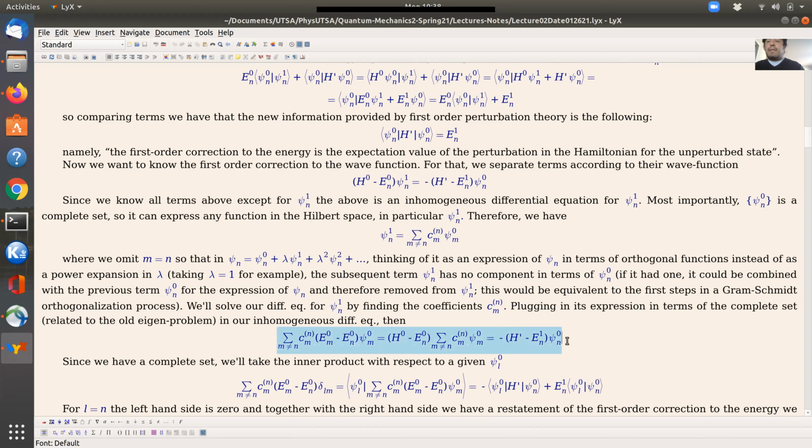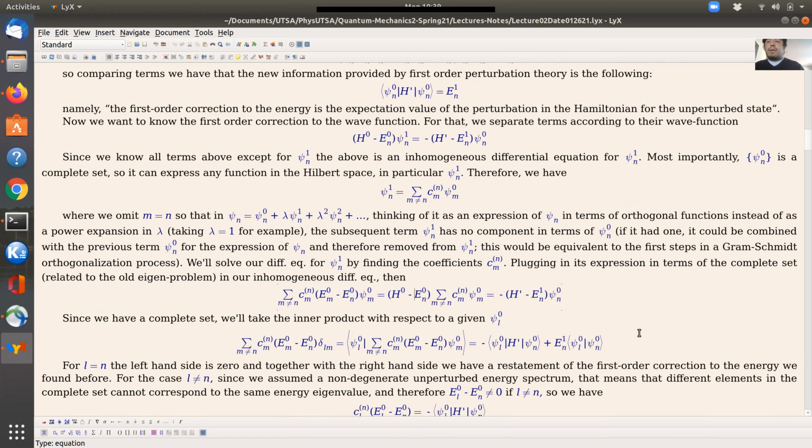Here you have this, and this is just applying the Hamiltonian operator of the old problem that you know to this function. This comes out by linearity, then you have E0m minus E0n, and so on. So this term is coming from this applied to this.